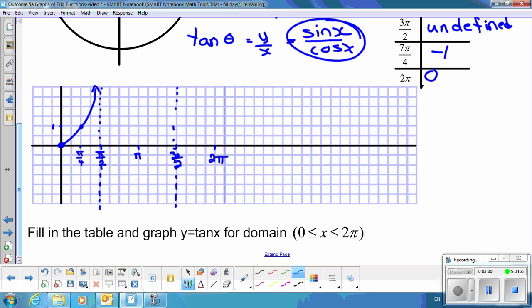Okay, let's move on the other side of pi over 2. If we look at 3 pi over 4, which will be at this spot, at 3 pi over 4 we have a value of negative 1. At pi it's 0, at 5 pi over 4, it's up to positive 1. And again, our graph gets close to that asymptote, but doesn't quite touch it, and close to this one, but doesn't quite cross.